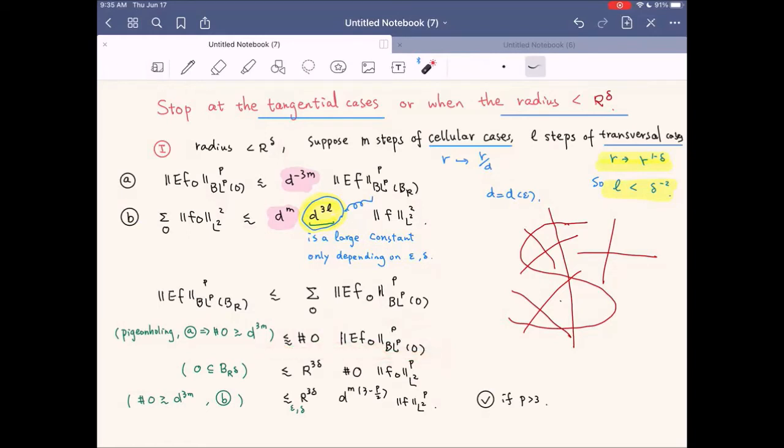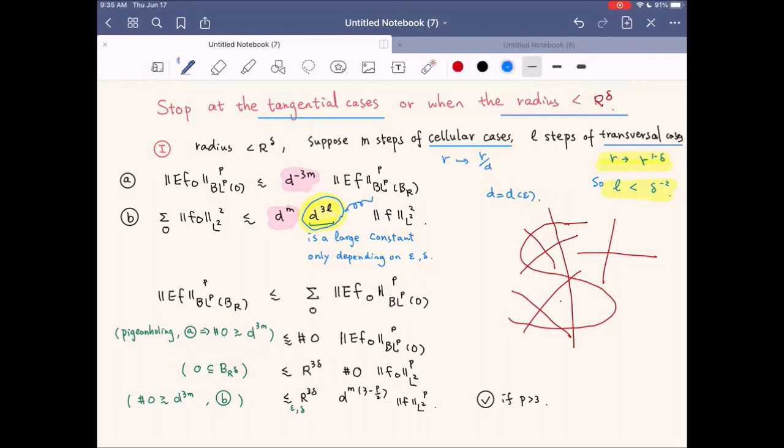But since we have this estimate, it implies that the number of O should be larger than d to the 3m. And since each O lies inside a ball of very small radius, we can apply some trivial estimate. So we can lose some power of the radius.